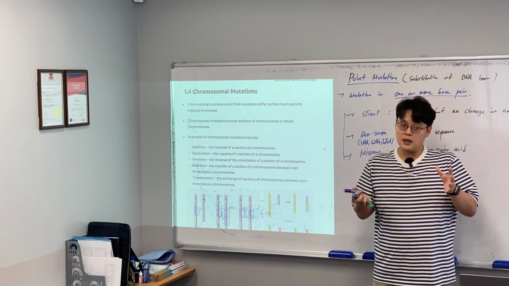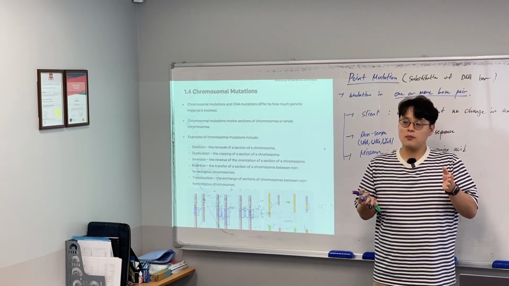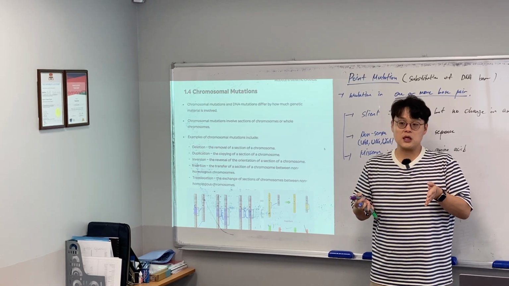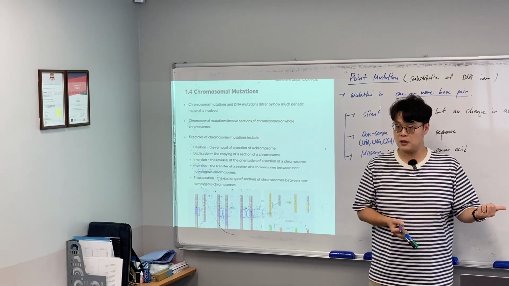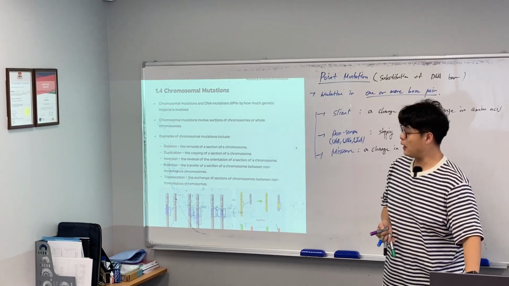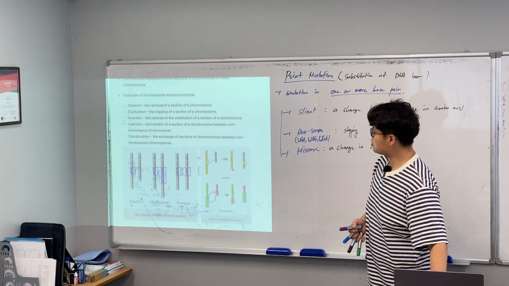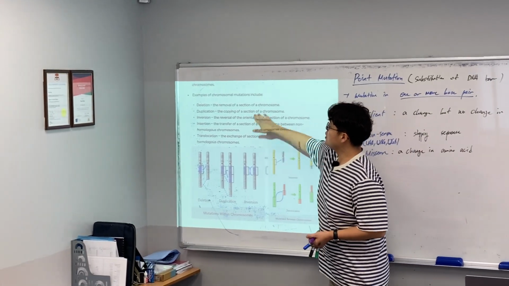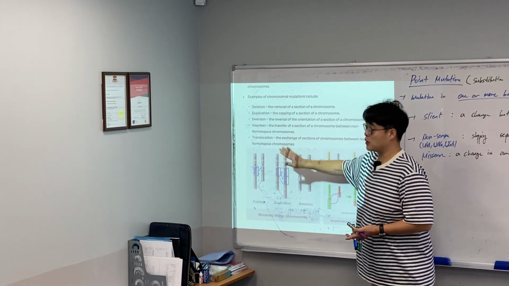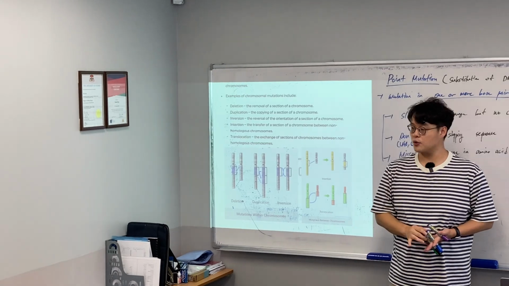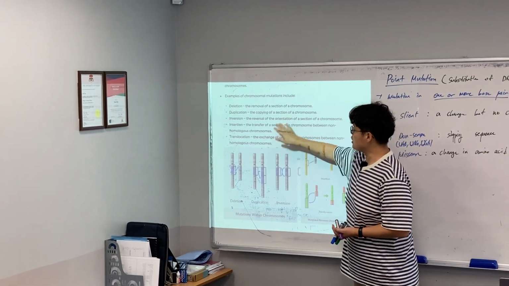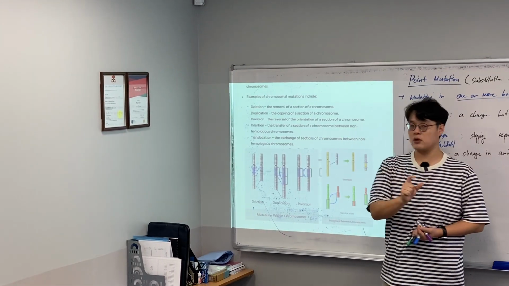It means if we change the chromosomes, it'll be more significant compared to any of the point or frame shift mutations. There could be deletion, duplication, inversion, insertion, or translocation of a whole lot of the chromosomes. As you can imagine, deletion means we are deleting some section of the chromosome.